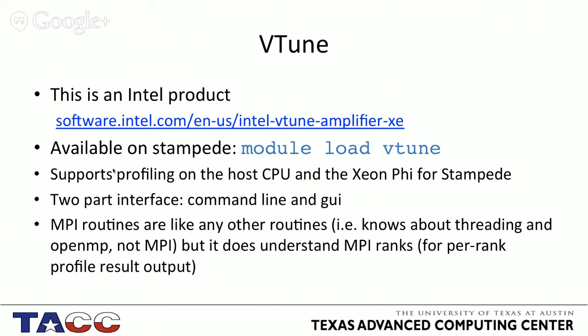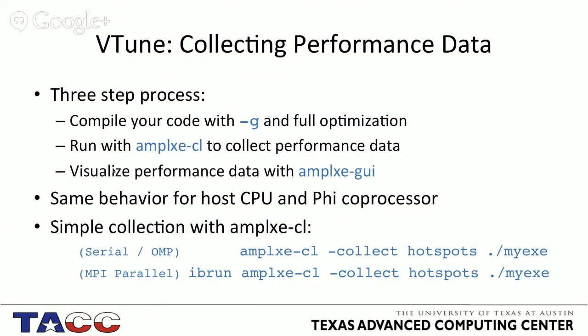You simply load the VTune module, and again, you need to compile your code with -g. That's just to get source code line information. And there's two commands that you will need to use probably, amplxe-cl, and the reason it's called amplxe is because they call it VTune Amplifier XE, which is a terrible name, but that's what they want to use. And then if you want to use the GUI, then you're going to use amplxe-gui.